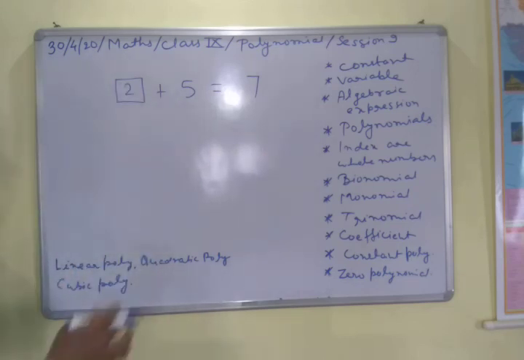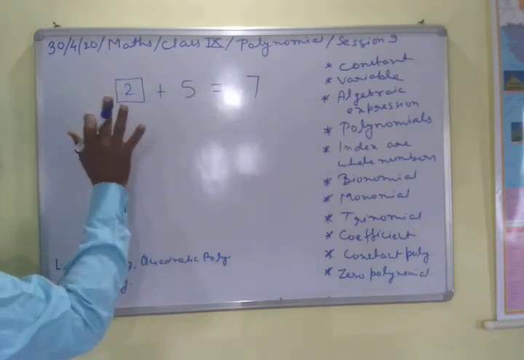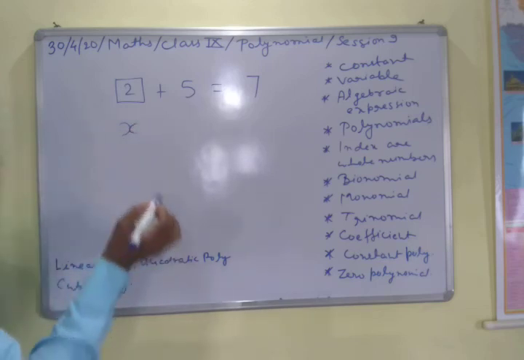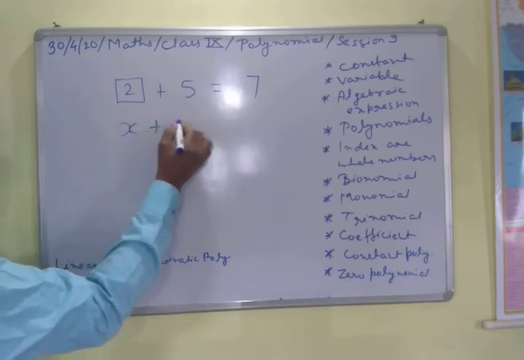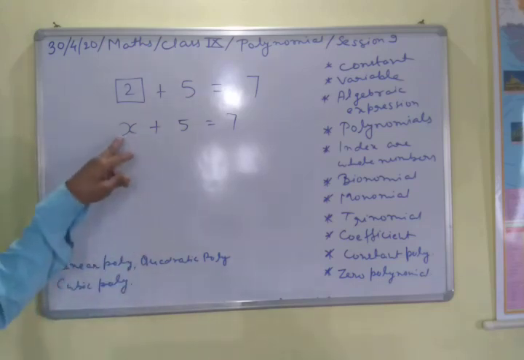In this chapter on polynomials we replace this box with some symbol, like it may be x. So it is x plus 5 equal to 7 here. This symbol is the unknown.